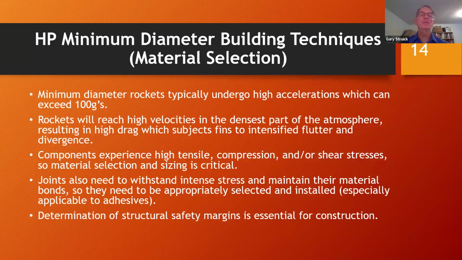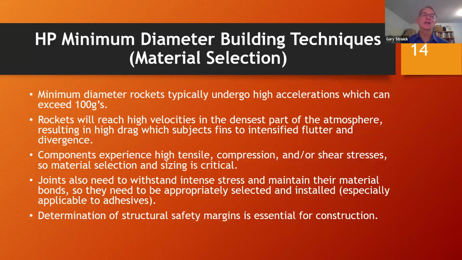All right, minimum diameter techniques. Minimum diameter rockets are typically the highest thrust rockets and undergo some of the highest accelerations in the high power world of rocketry. We're not going to be exceeding 100 Gs, as mentioned in the first bullet, but we will be going much faster than a normal high power rocket would go if you're building a minimum diameter.